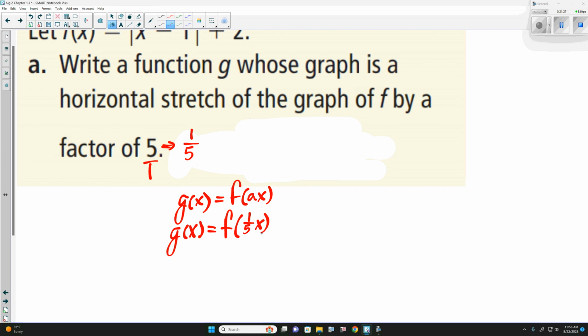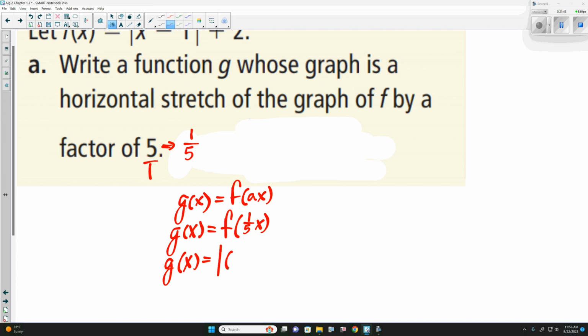Questions on this so far? Now at this point here, we do plug in 1/5 x for every x in the function f of x.